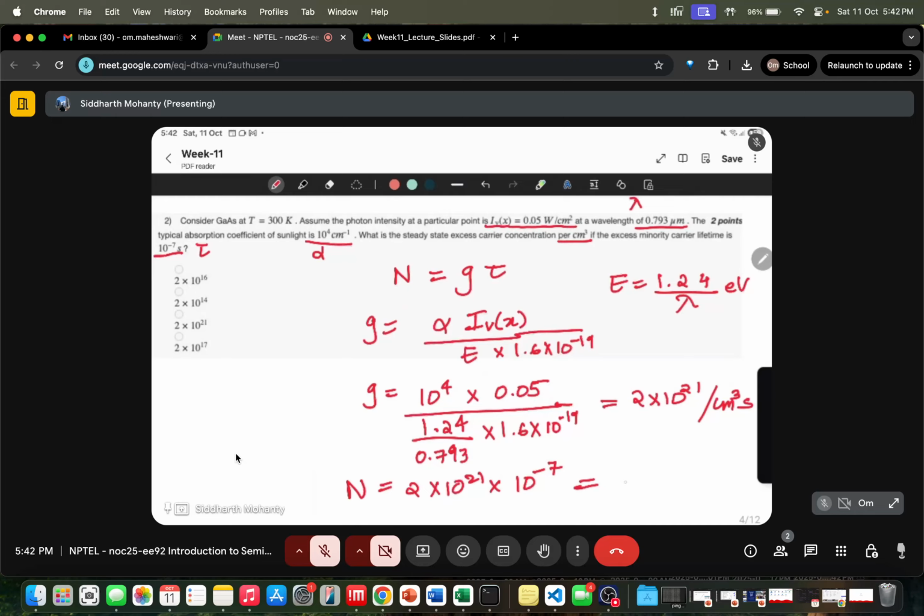Therefore the steady state concentration N will be 2 into 10 to the power 14 per centimeter cube. This is the final answer. This is option B.